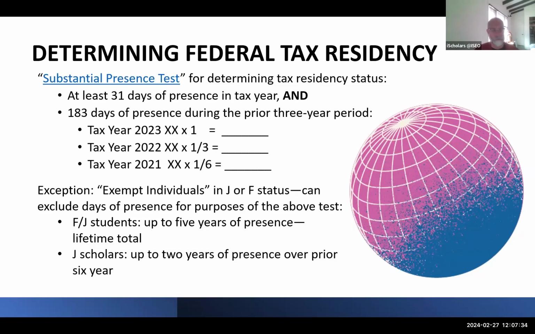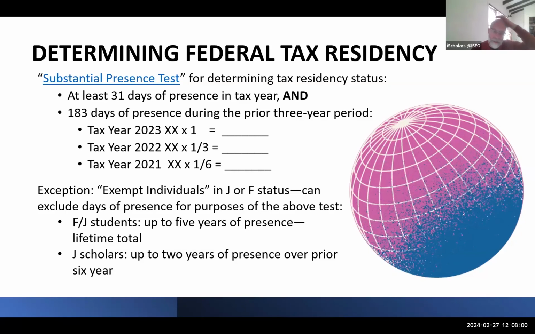How does this work? So basically, if you are an F student or a J1 exchange visitor in a student category, then you are allowed to exempt or exclude days of presence for up to 5 calendar years.